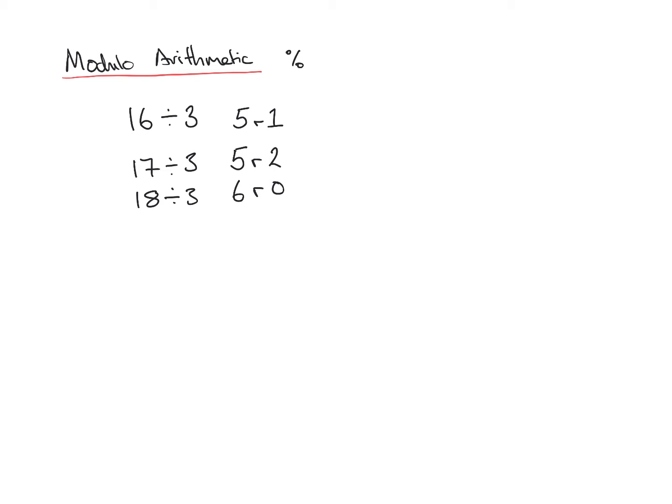Okay, so how does that relate to modulo? Well, this number here is actually the modulo. And in Python, we use the percent symbol for it. So if I were to write 16 mod 3, the output of that is going to be 1.